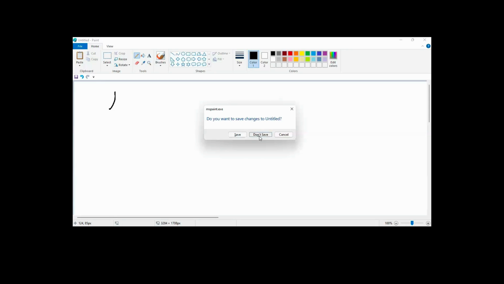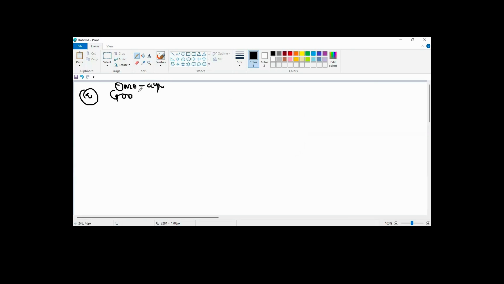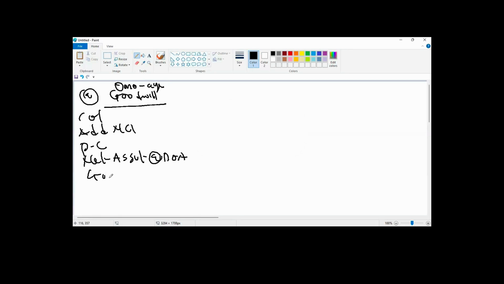We all know the formula to calculate goodwill. Guys, here I'll write it down. Goodwill: cost of investments, add NCI, that is purchase consideration, less the net asset at the date of acquisition. Then goodwill. This is it.